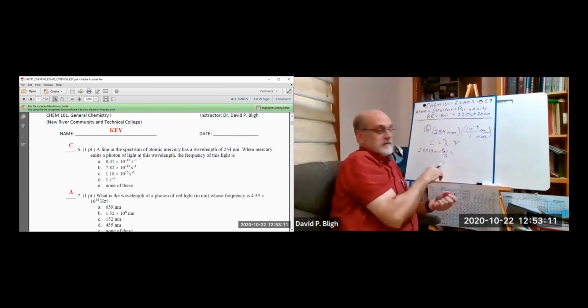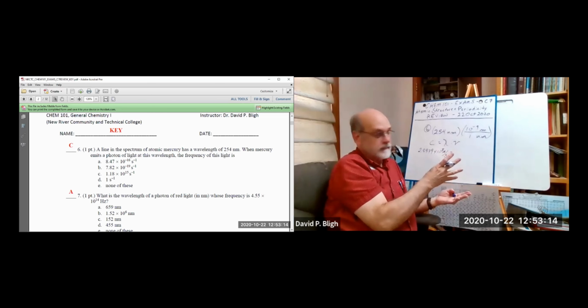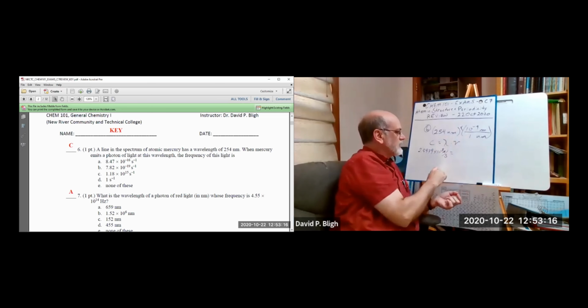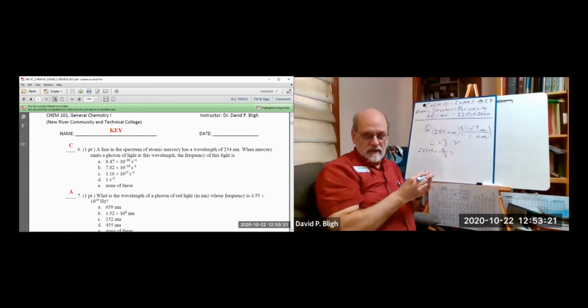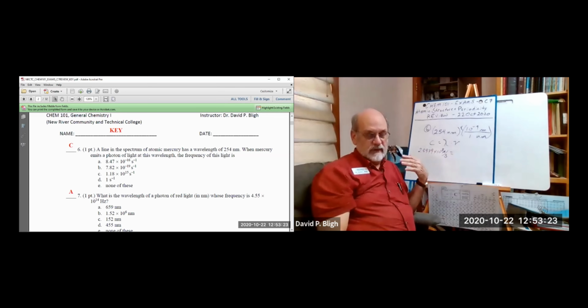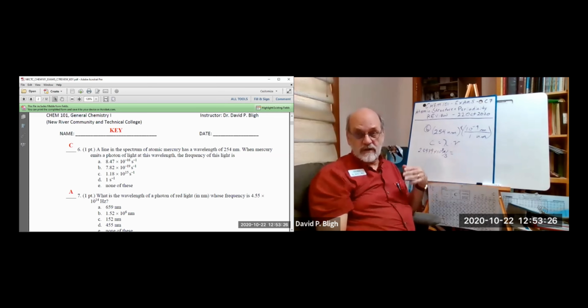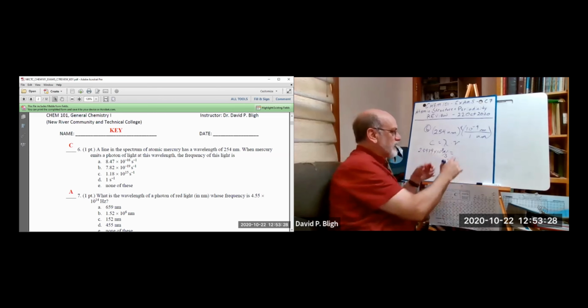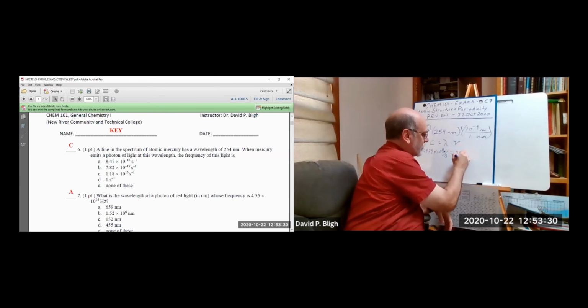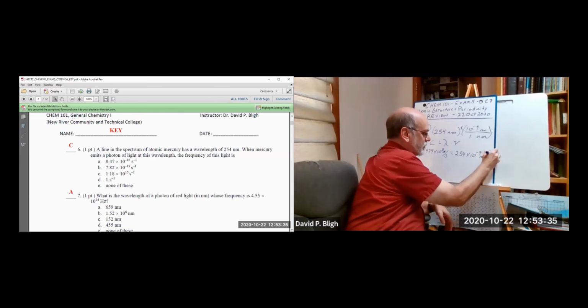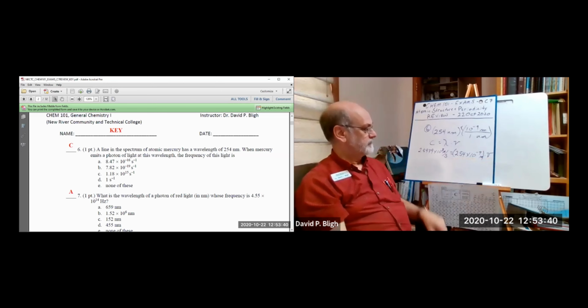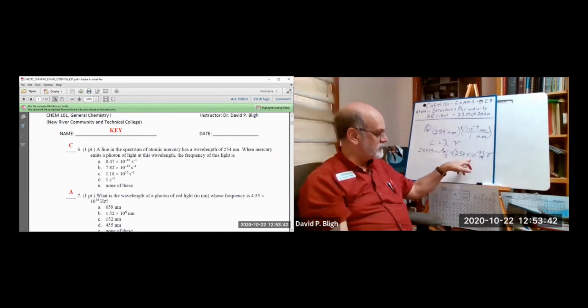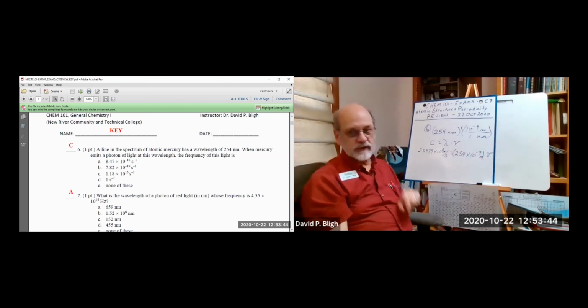So that times this gives you meters. You can just plug it in like that because your calculator will accept values that are not standard scientific notation. It's just exponential notation. And just solve for the frequency. So you divide this one into that one, and you get the frequency.